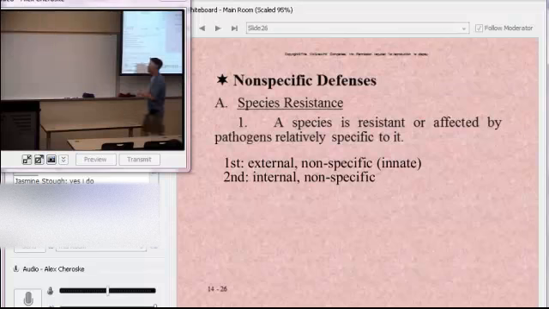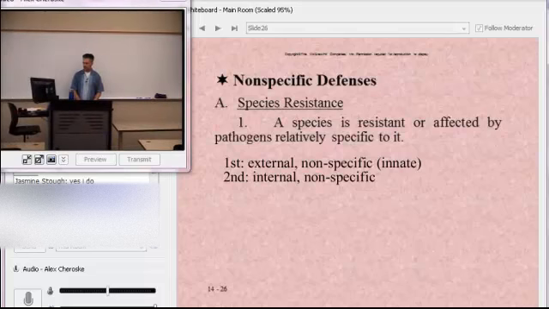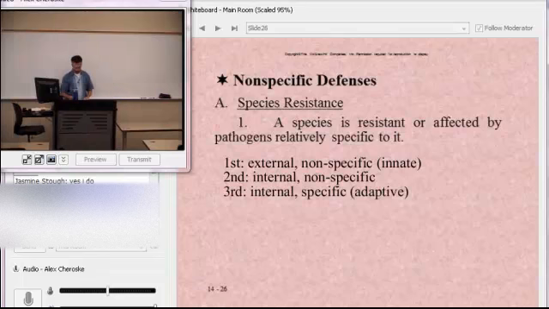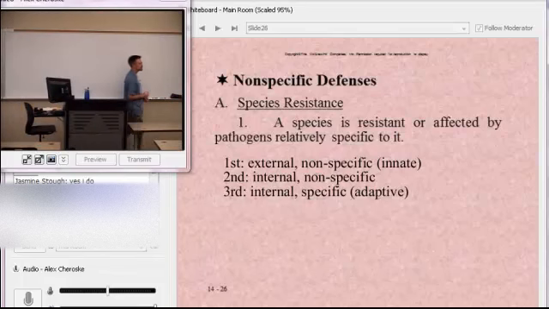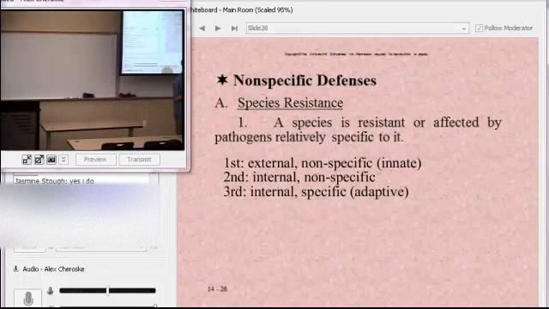Then the third line of defense is also going to be internal, because the pathogen is inside. So it's an internal defense, but it's specific. Sometimes the specific branch of our defenses is called the adaptive immune system. Adaptive means that it changes and adapts over time.